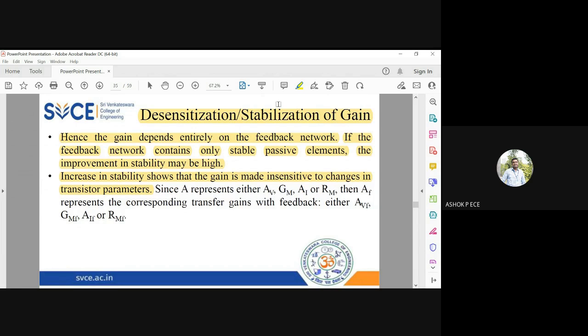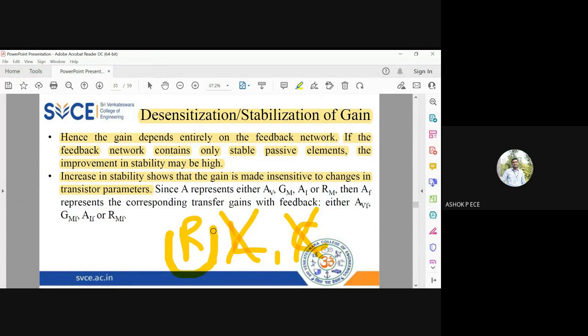And how can you make your circuit even more stable? If you have passive components, RLC, inside your feedback network, then the gain will be even more stable. But we don't prefer having L and C inside the feedback network because a phase change may happen. So we predominantly have only resistors inside the feedback network.